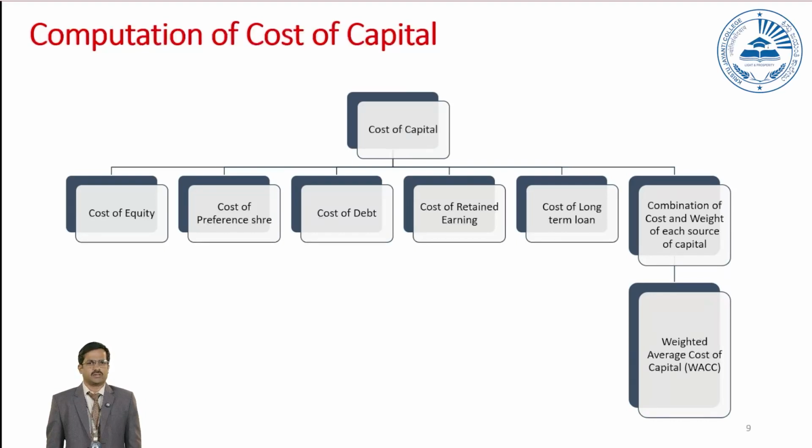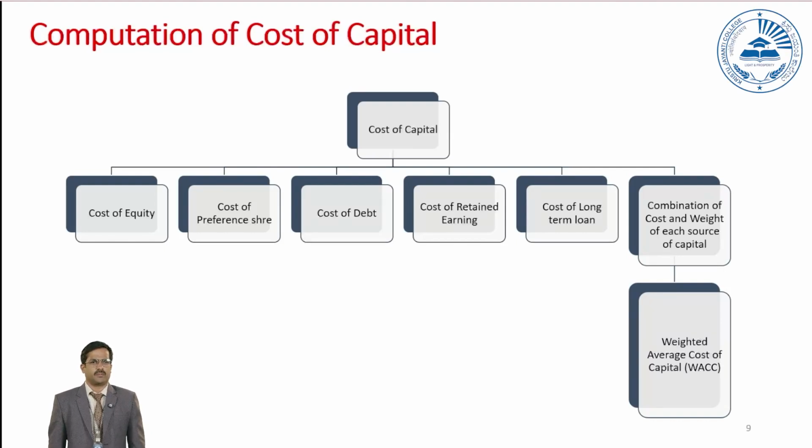So the cost of equity requires three things: the expected dividend in the next year divided by the net proceeds, plus the dividend growth rate of the company over the past few years. If you apply this formula, you will get the cost of equity.